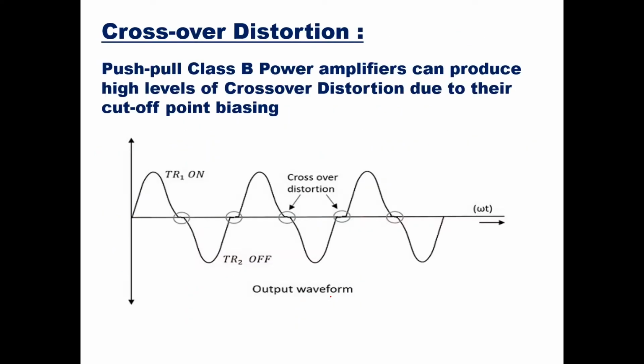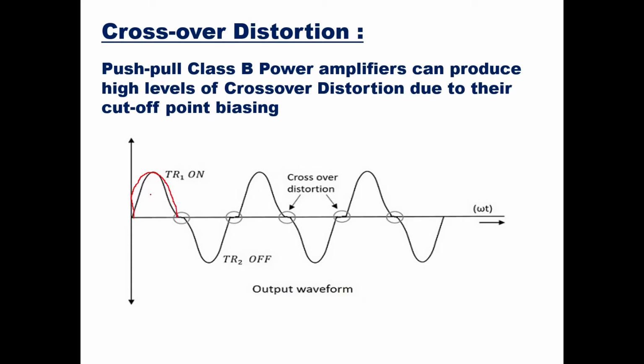Next we'll see what was that crossover distortion. In class B, whenever each transistor was conducting, it used to amplify a half wave.